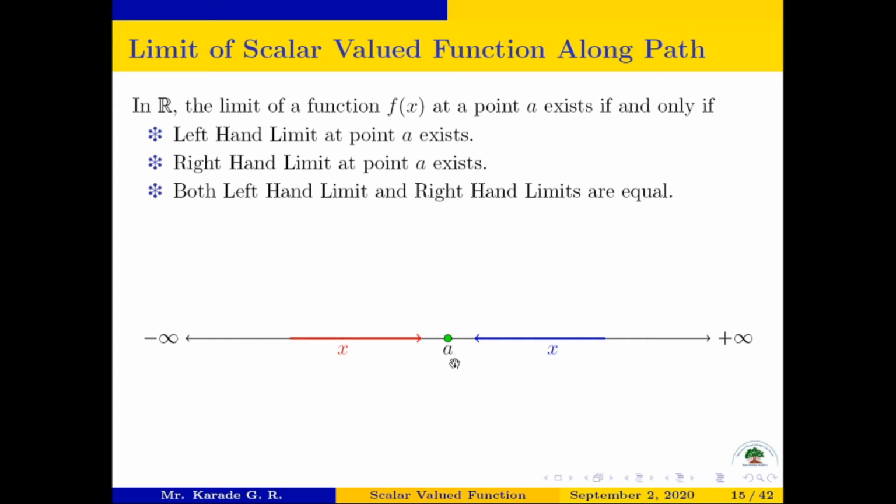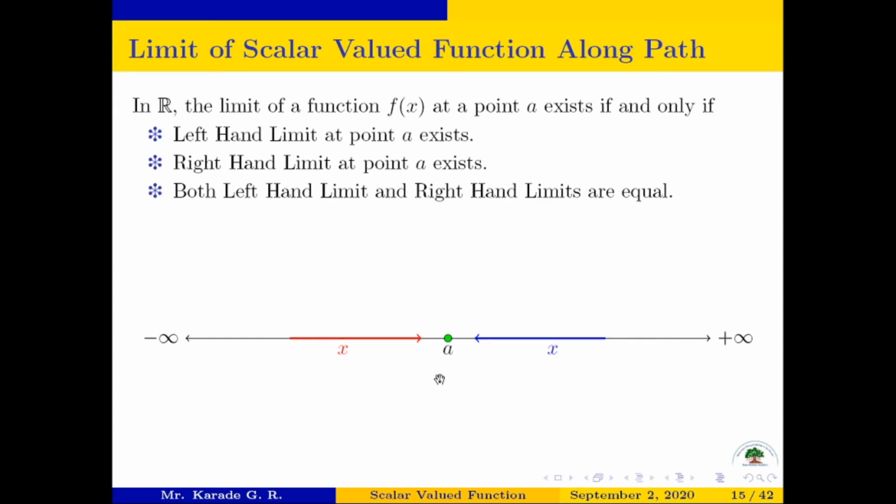To approach towards a, we have only two ways: either from the left hand side or from the right hand side, and in both cases the limit must exist and both limits must be equal. Then and only then we say that the limit of that function at point a exists. So this is the case in the real valued function.